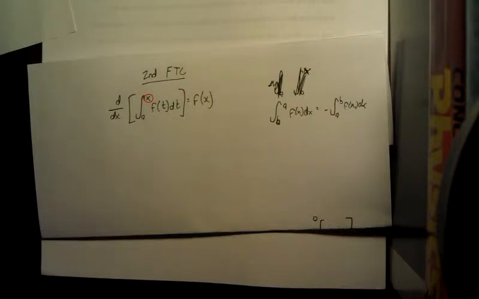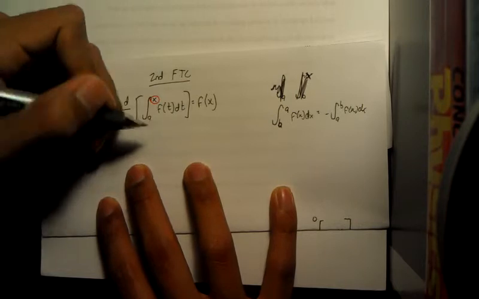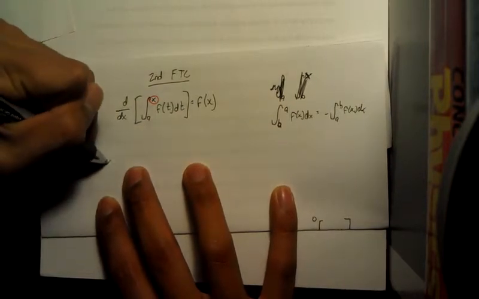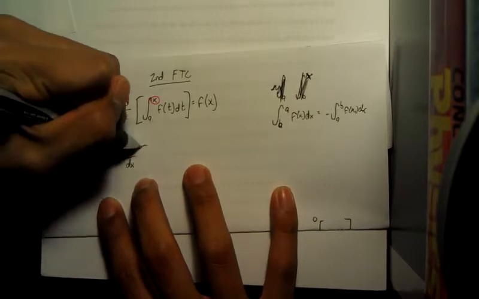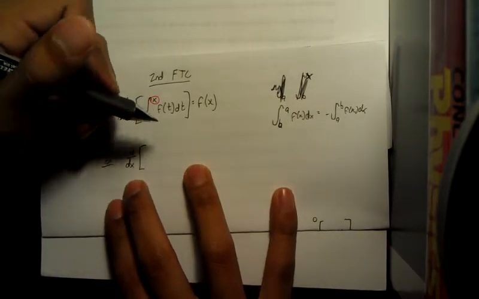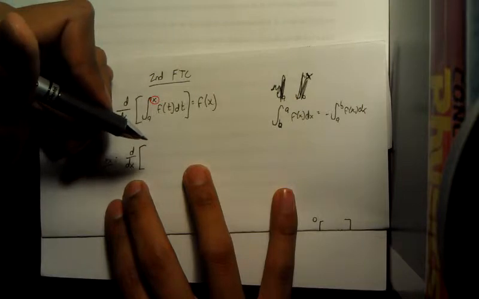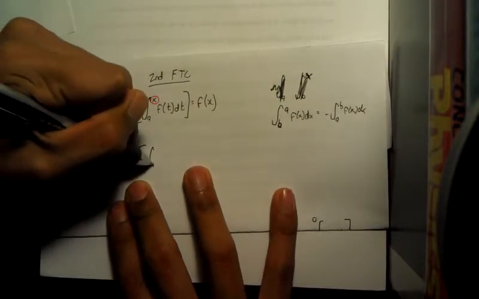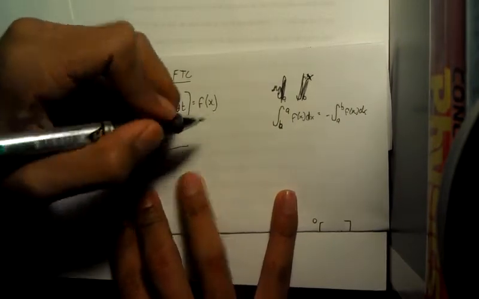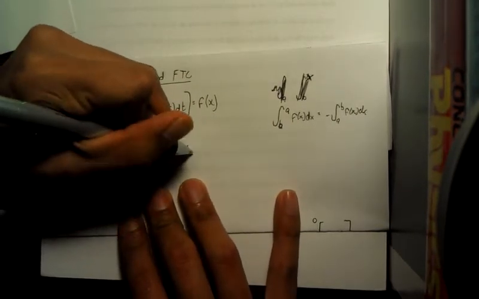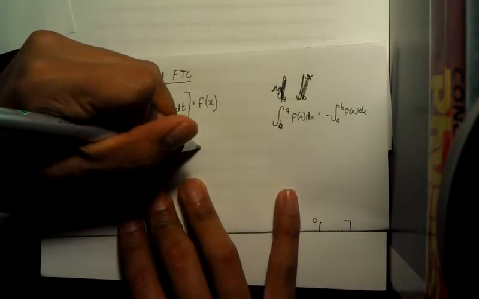Okay, so as for the quick example, say we were given: evaluate the derivative with respect to x of the integral from 0 to x of square root of t squared plus 1 dt.